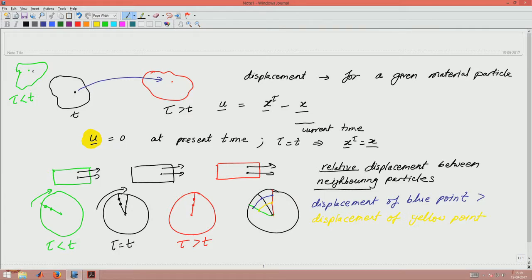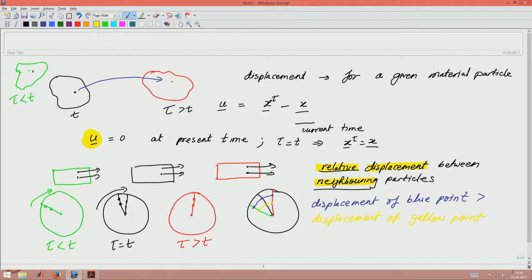So, this gives us an indication that even if we are looking at this relative deformation gradient as a way of measuring, using relative displacement between neighboring particles to get this displacement gradient, we can clearly see that this displacement gradient is going to be non-zero.